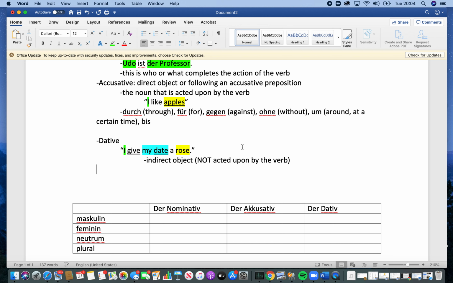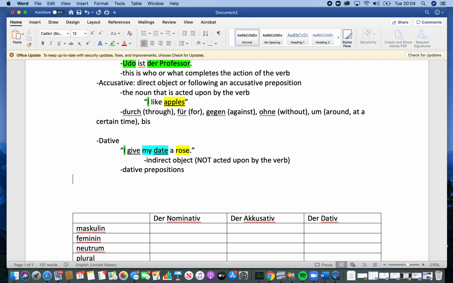Okay. And then we have dative prepositions. And if you recall that An der schönen blauen Donau song, it's aus, out of, or from. Außer, except for.